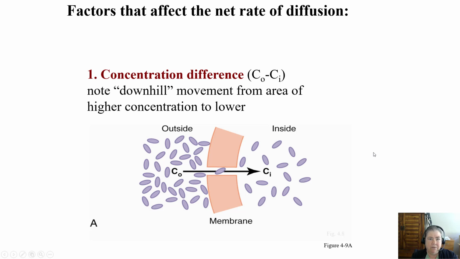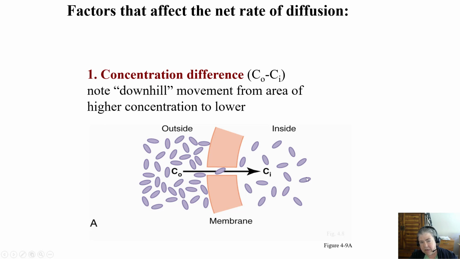So let's talk about those factors that affect the rate of diffusion. This is simple diffusion, showing a downhill movement across a pore from an area of high concentration to an area of low concentration. And how quickly it happens just depends on the concentration gradient.